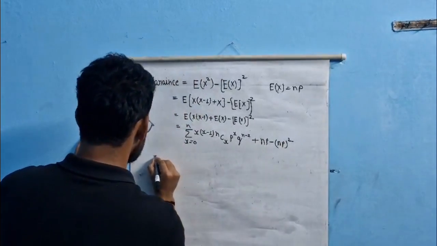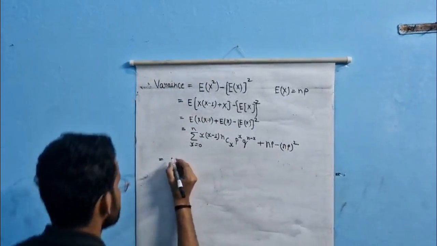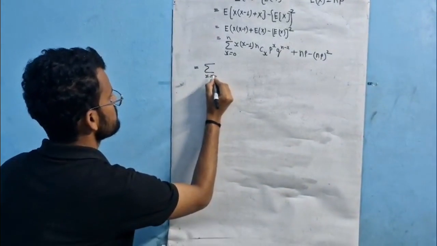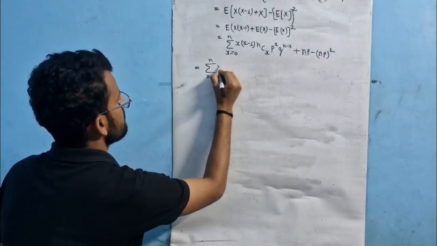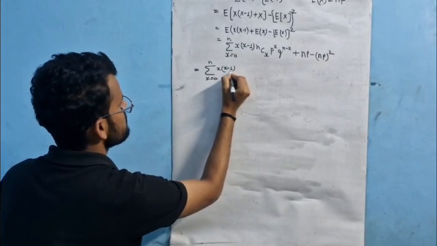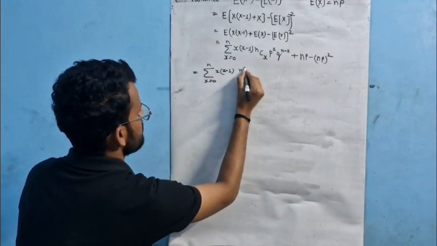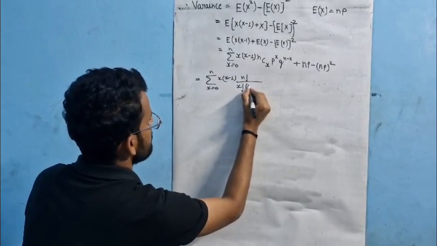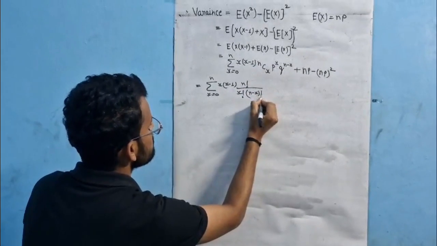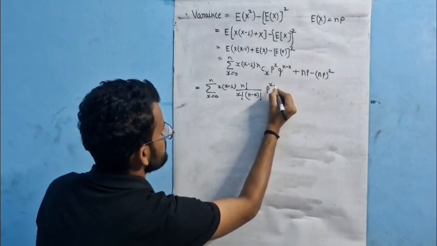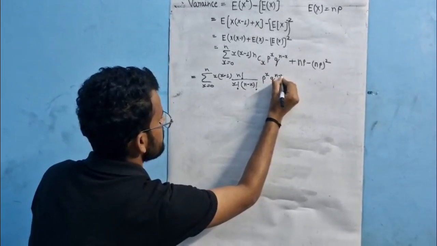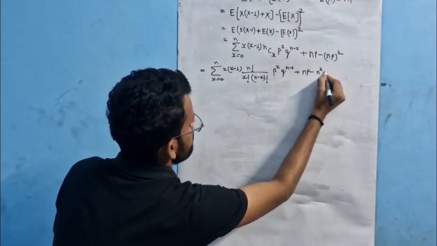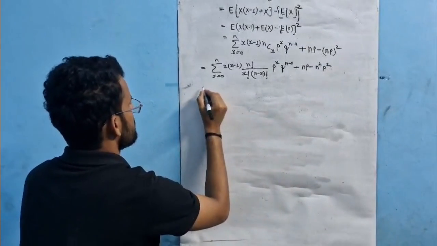This is equal to summation x equal to 0 to n of x into x minus 1 times n factorial divided by x factorial n minus x factorial p raised to the power x q raised to the power n minus x, plus np minus n square p square.